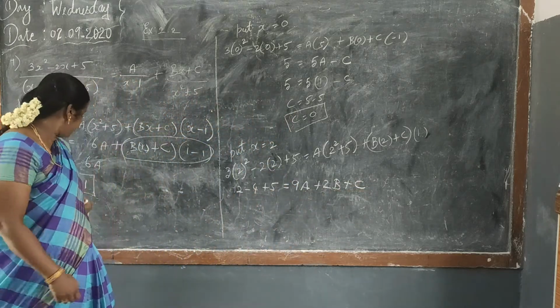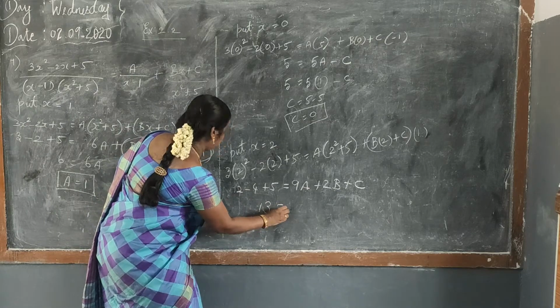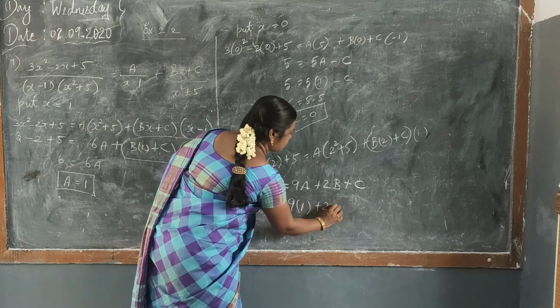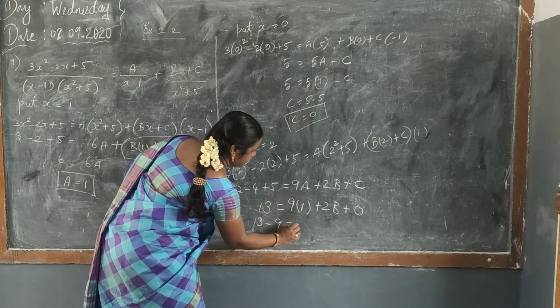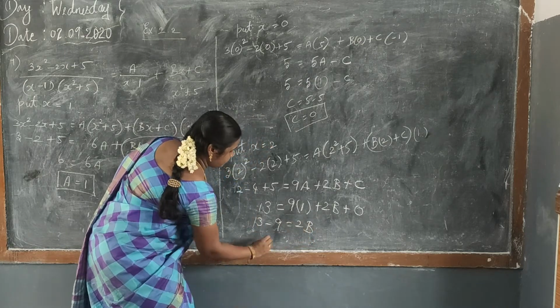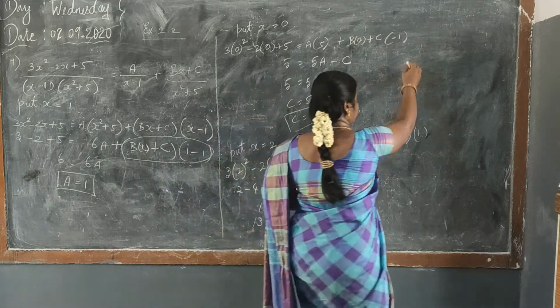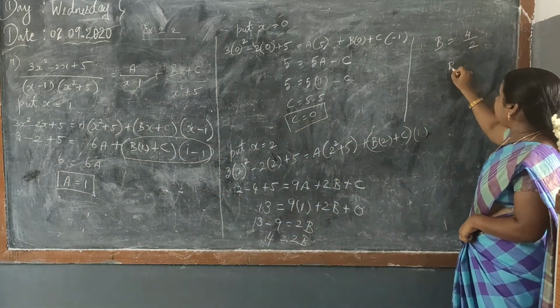Substitute the value of a and c. 13 is equal to 9 into 1 plus 2b, as c value is 0. So 13 minus 9 is equal to 2b. What is 13 minus 9? 4. So b is equal to 4 by 2. Our b value is 2.